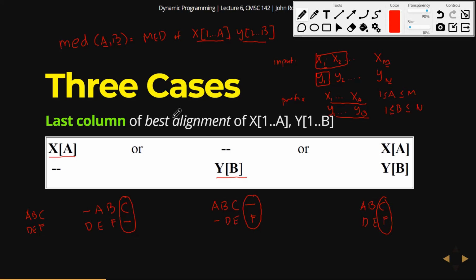So we don't know which of the 3 will give us the best possible answer, right? Because it could be this one or this one or this one. So yeah, we don't know. So we'll have to check each one. Okay? Let me just erase this one first.